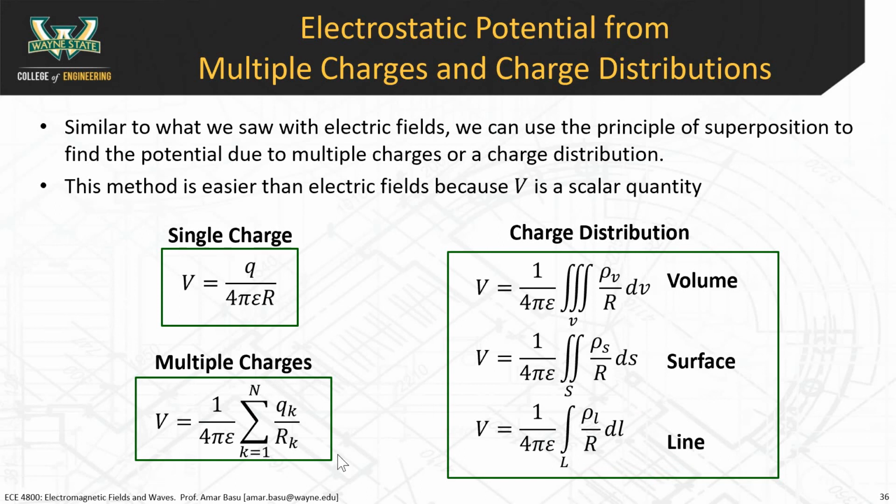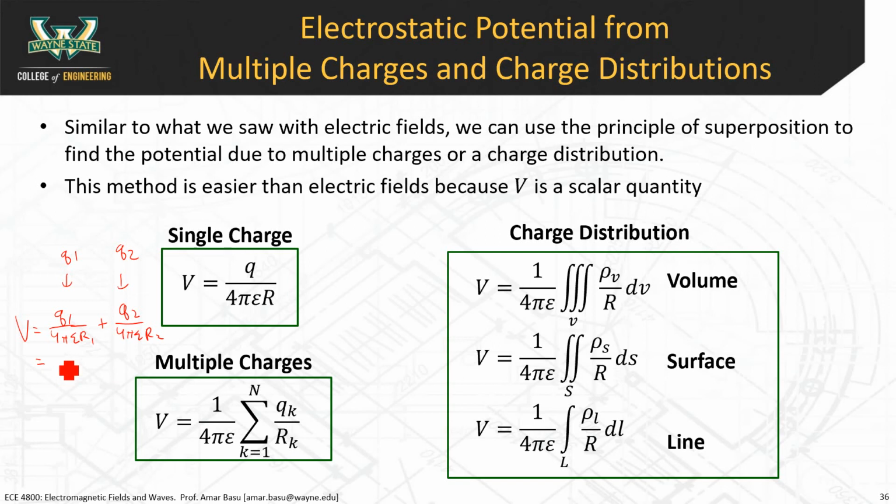So the way you'd go about doing that is, let's say you had multiple charges. V is equal to Q1 over 4 pi epsilon R1, and this is the contribution from Q1. If you have another one, you just add that second contribution, Q2 over 4 pi epsilon R2, the electrostatic potential contribution from Q2.